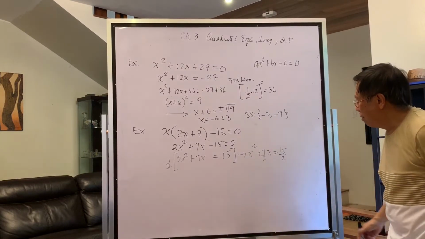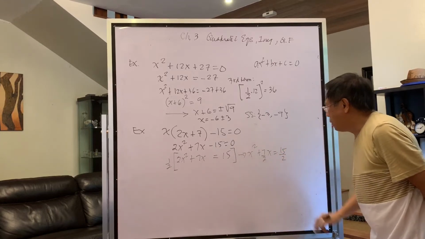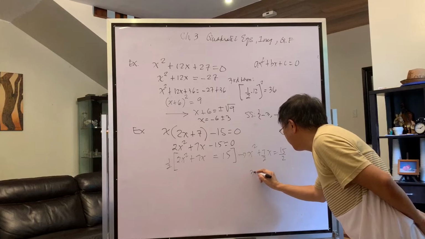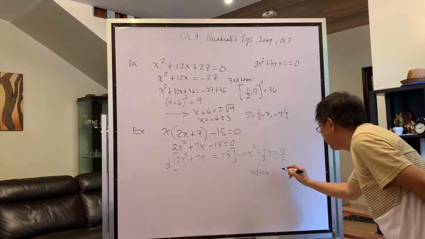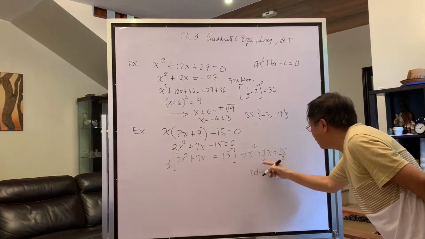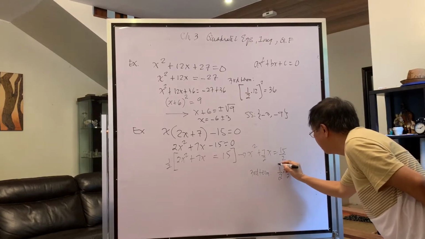Our job now is to make this expression on the left-hand side become a perfect square trinomial. The third term that will make it a perfect square trinomial is the square of 1/2 of the coefficient of the linear term, 7 over 2.